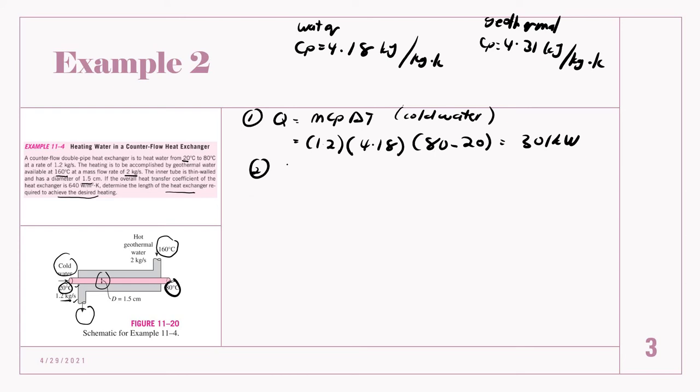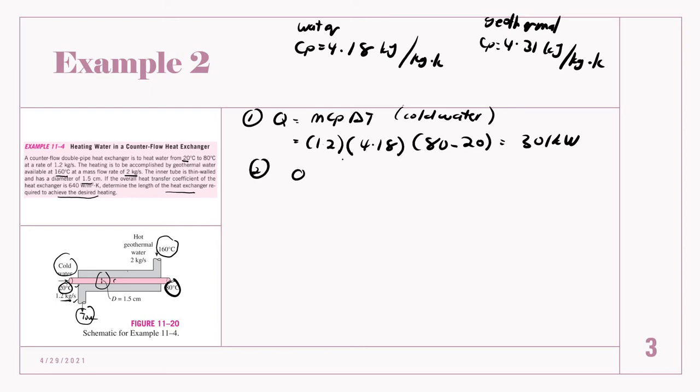So second, we first define the temperature T out here. So basically, according to the first law of thermodynamics, Q will be the same at the tube side and also at the outer tube side.